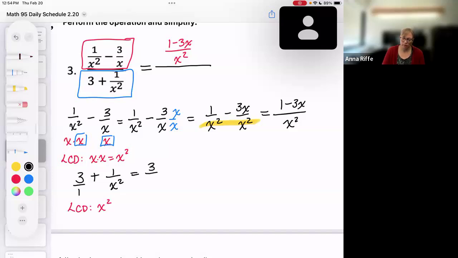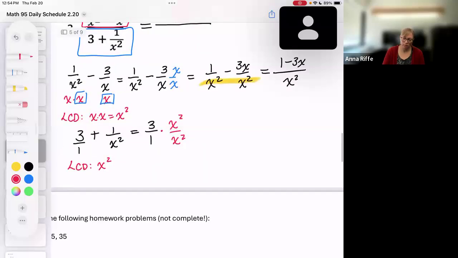So that means 3 over 1, I have to multiply by x squared over x squared in order to obtain x squared on bottom. The second fraction already has that least common denominator. That gives me 3x squared over x squared plus 1 over x squared.